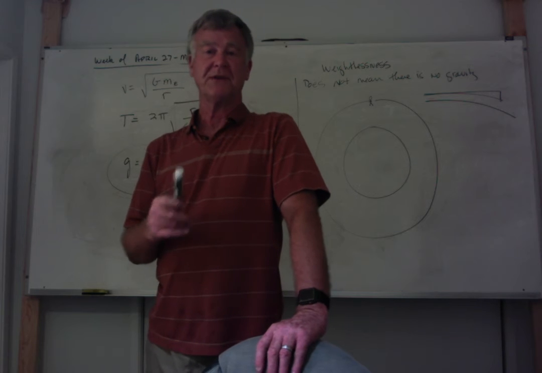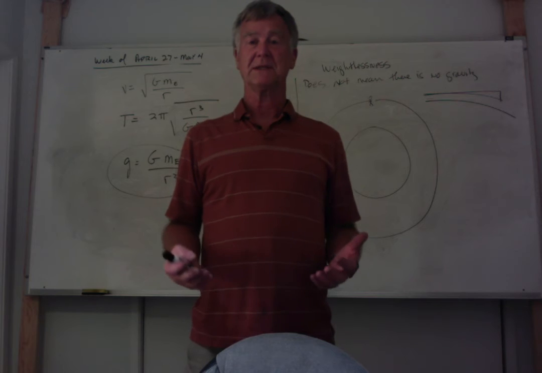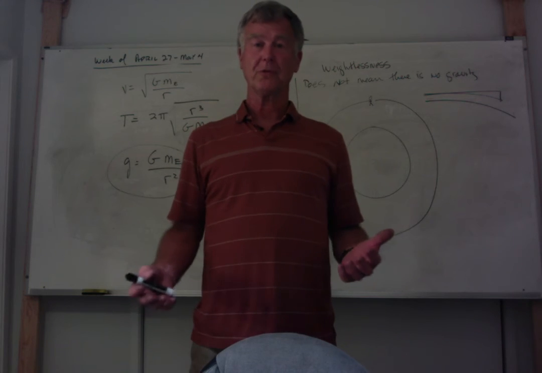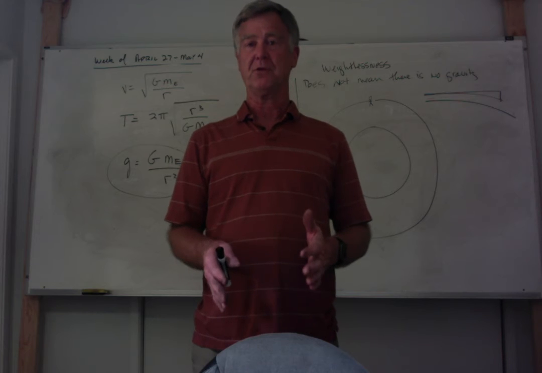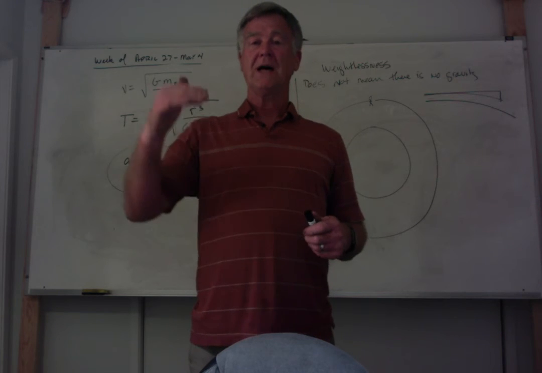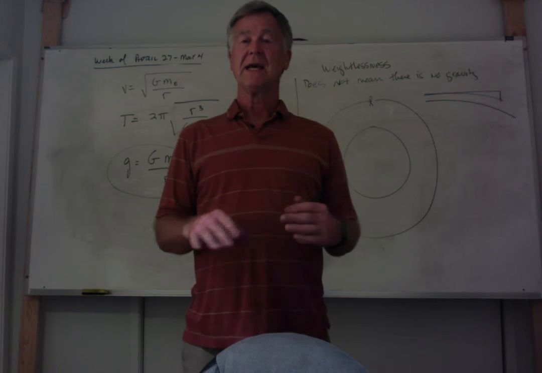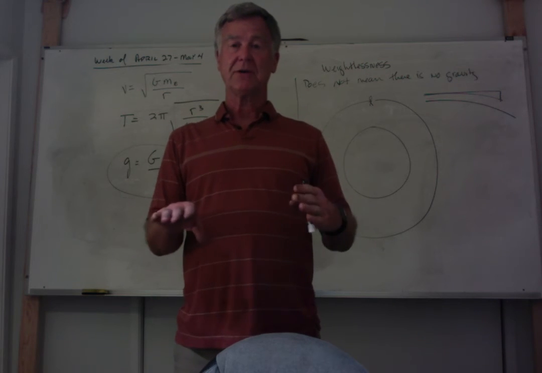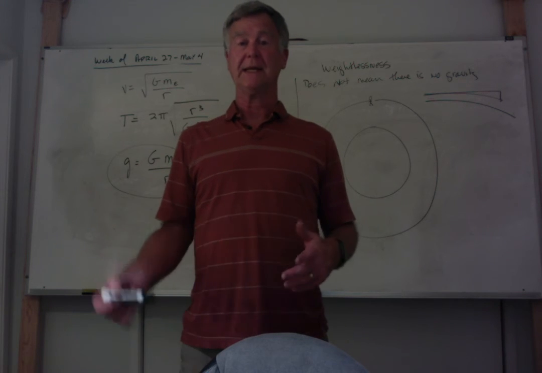I tell students, in fact, I probably told you guys at the beginning of the year, if you want to experience weightlessness, jump off of a roof. I mean, don't actually do it, but if you did jump off of a roof, while you are in the air, you have no sensation of weight. If you jumped off on a scale, the scale would read 0. That's because you are falling.